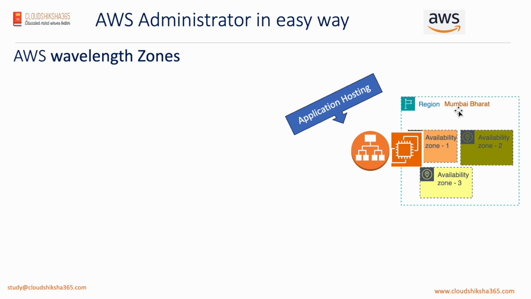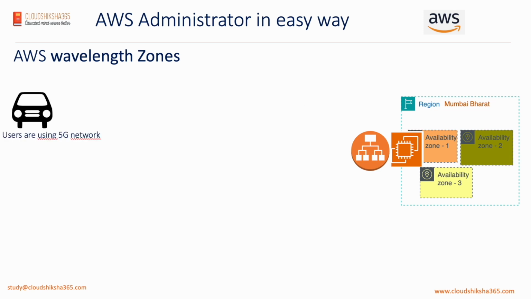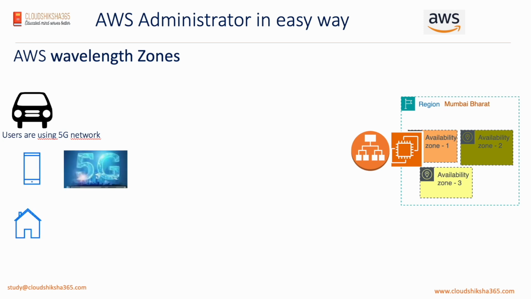But those application resources are residing in the Mumbai region. Now let's say you are in a car, or you are using your mobile with 5G, or maybe you are still at home but using a mobile device. So how are you accessing your application to reach here? What is the application flow in this case?